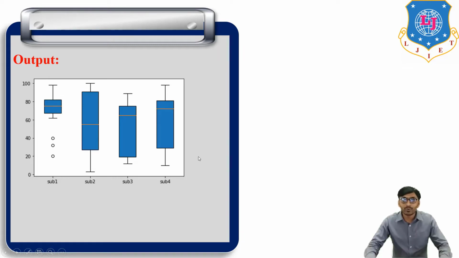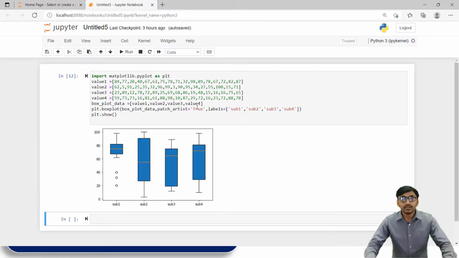Now we run the same program in Jupyter. Same program: on the x-axis, sub 1, sub 2, sub 3, sub 4, and on the y-axis, the data. This is for value 1, value 2, value 3 and value 4. This horizontal line represents the minimum, and this horizontal line represents the maximum value.